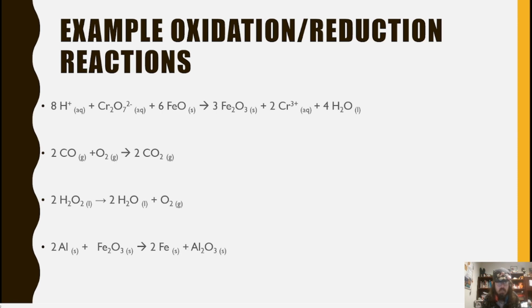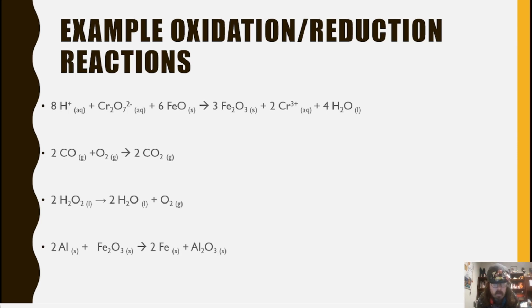O is -2 in water, but is 0 in oxygen. And if this is peroxide, the oxygen is considered 1-. So in this instance, oxygen is both being oxidized and being reduced. One peroxide oxygen is going up, one is going down.